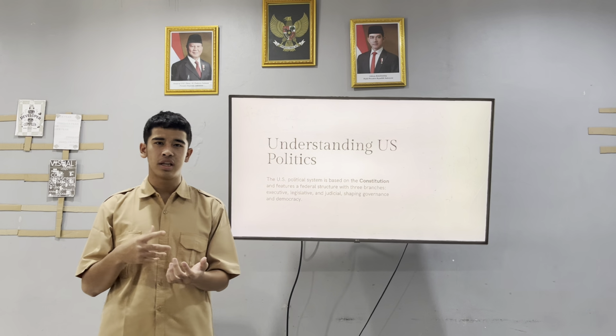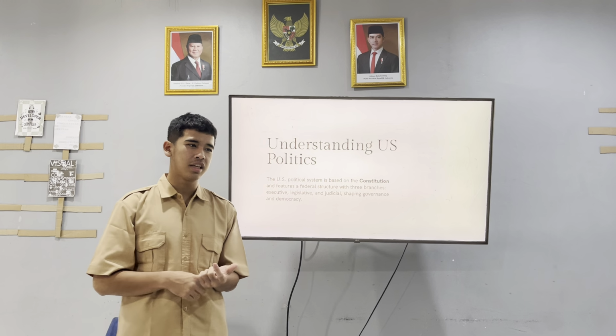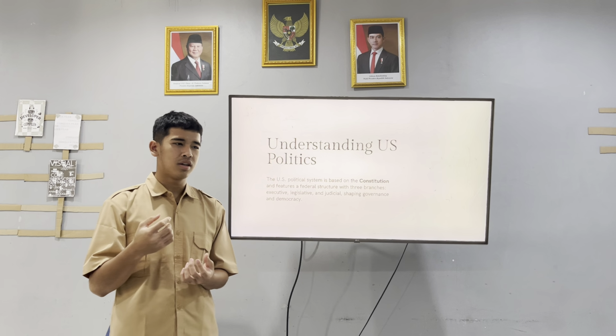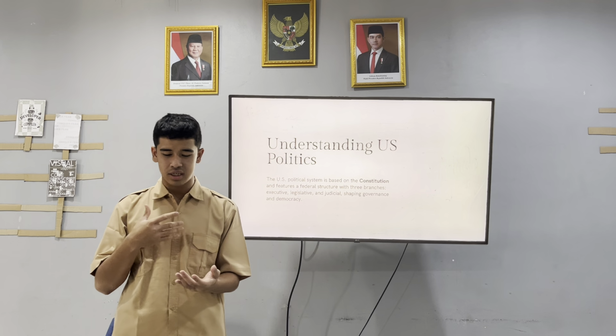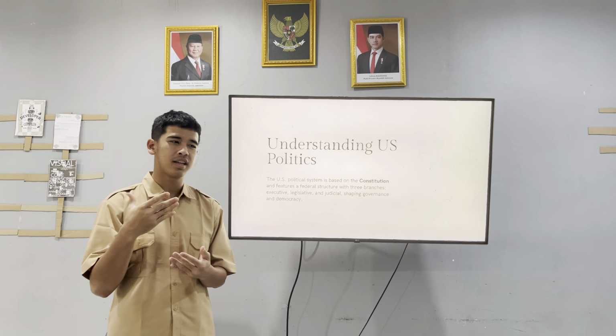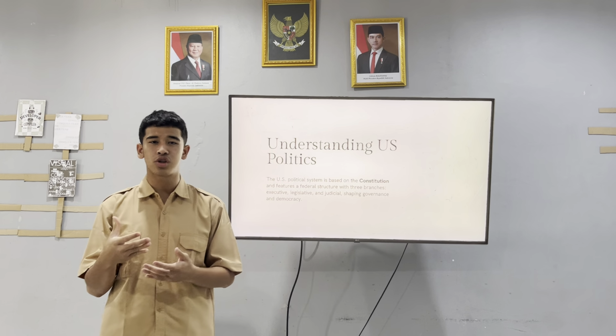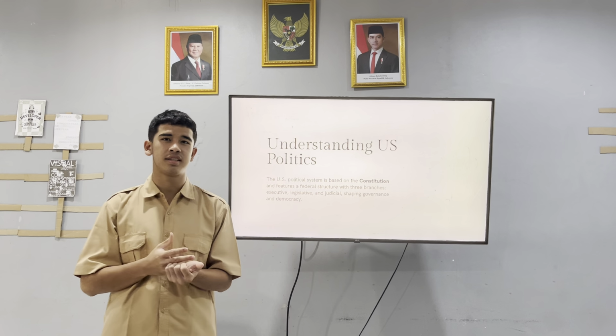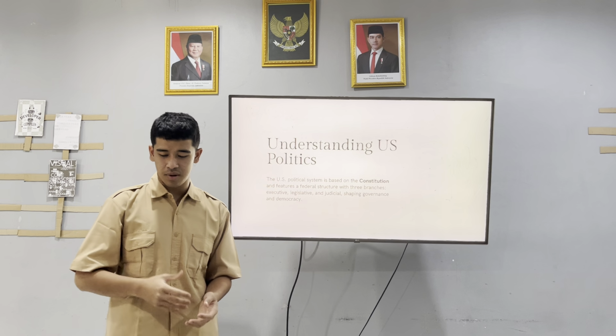So when the president is elected, he is meant to follow or strengthen the law, and then he also has a big or maybe even full control of the military, and then he also appoints other officials such as ministers and more.